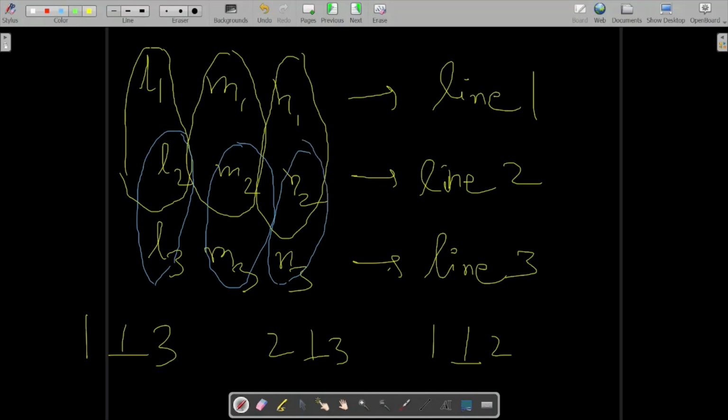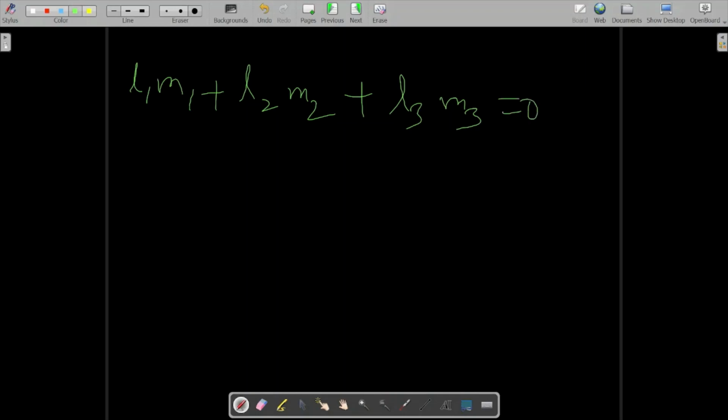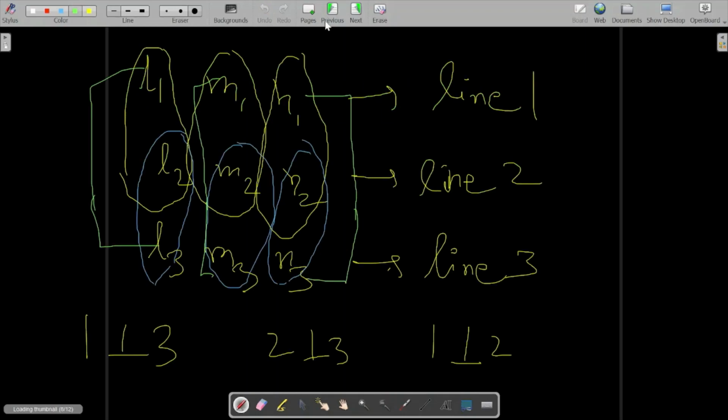Then this multiplied by this plus this multiplied by this plus this multiplied by this is also 0. Okay, so let me write these equations over here. So what do you get? L1 M1 plus L2 M2 plus L3 M3 is equal to 0, you get. Then how did you get this? By this property.